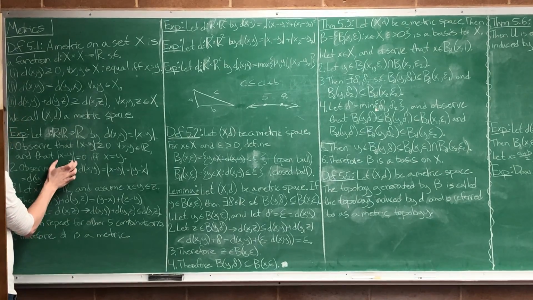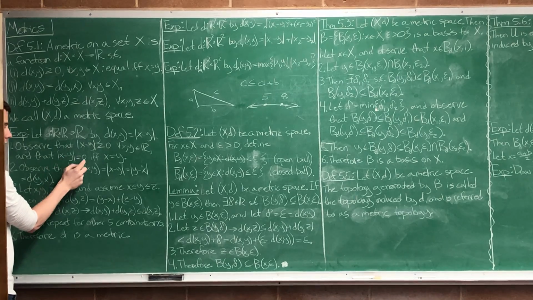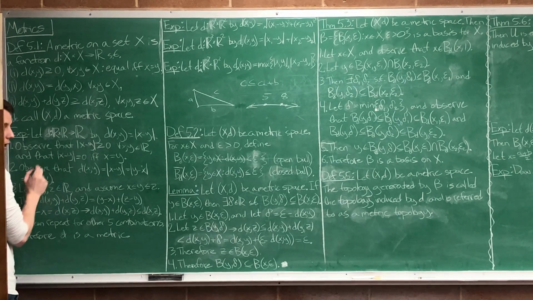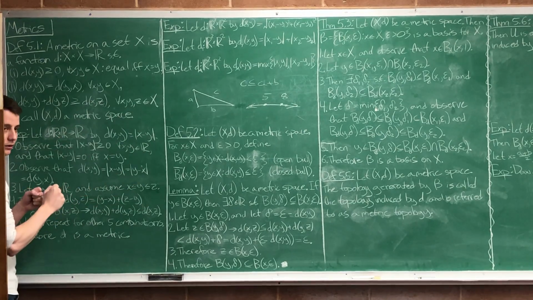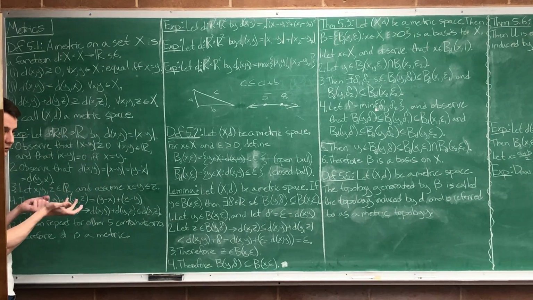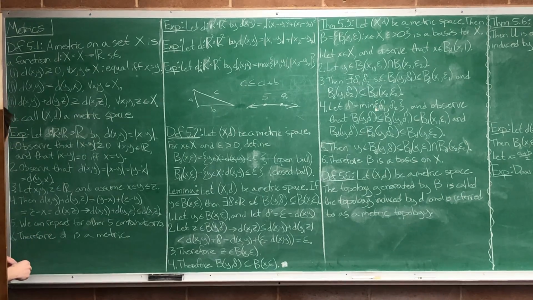The only time the absolute value function is 0 is when what's inside is 0. So that means x minus y equals 0. When does x minus y equal 0? When x is equal to y. Just transpose y to the other side. Make sense? Alright, let's look at the next property.